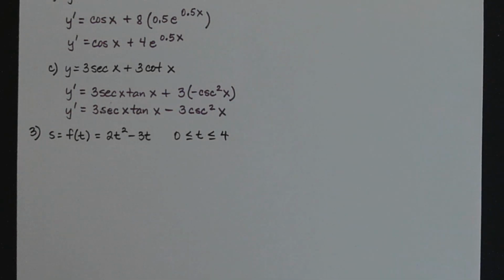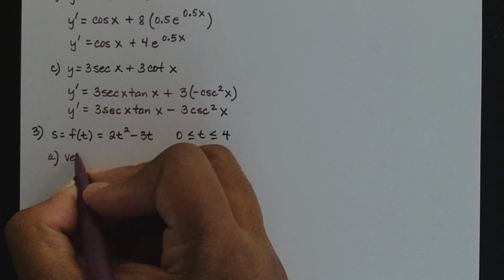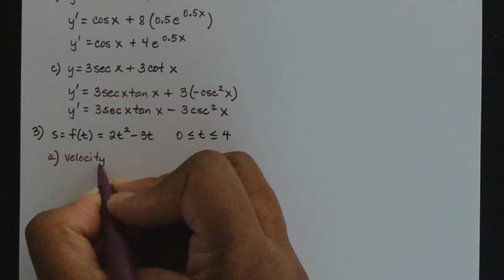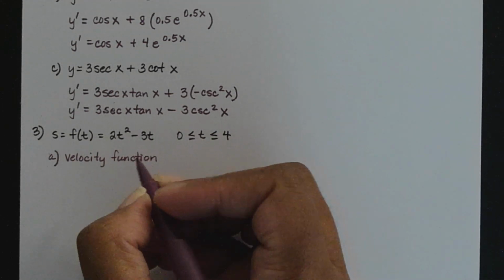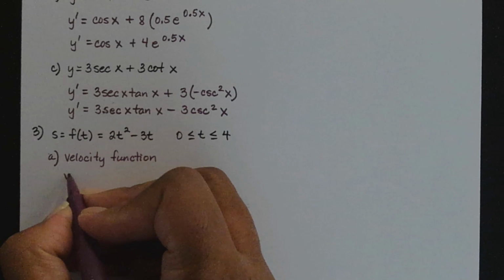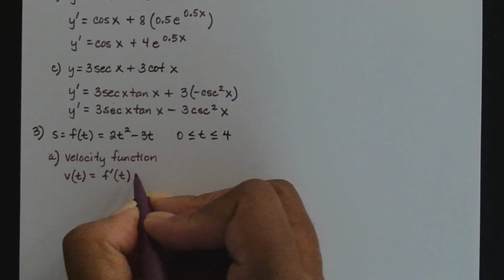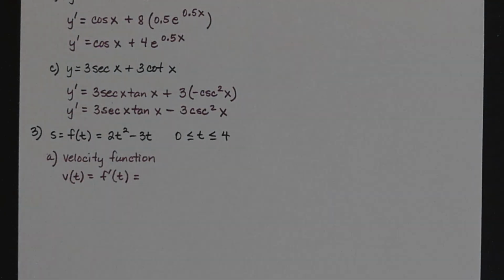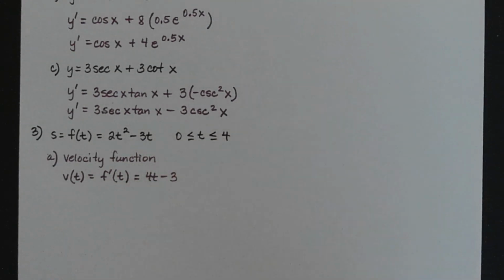And anytime you're dealing with the velocity function, you're finding, in reality, the first derivative. And v of t is the same as saying f prime of t. So what would be the derivative of 2t squared minus 3t? 4t minus 3. That would be my velocity function for this position function.